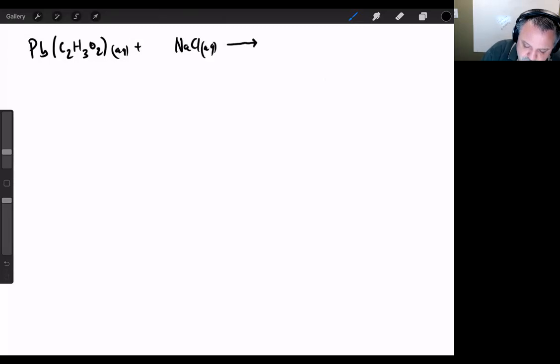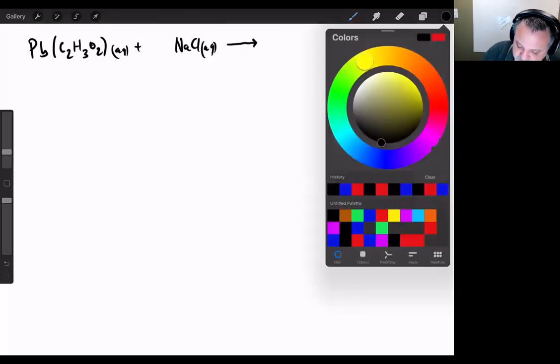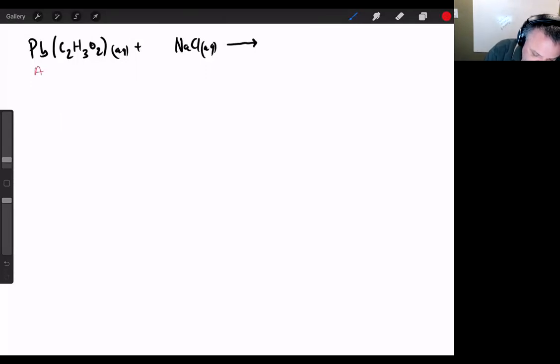And then let's swap their partners. And so this is, again, the double displacement bit. And so here's A, here's B, here's C, and here's D. Remember that I want to write down AD plus CB.